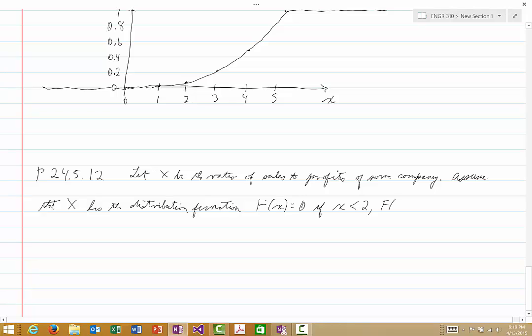F of x equals x squared minus 4 over 5, if 2 is less than or equal to x is less than 3, and F of x is equal to 1 if x is greater than or equal to 3.